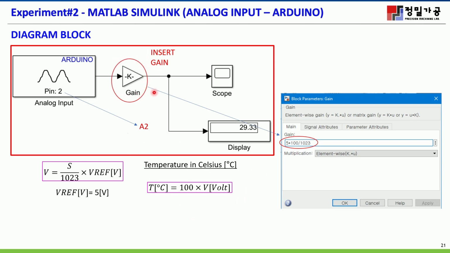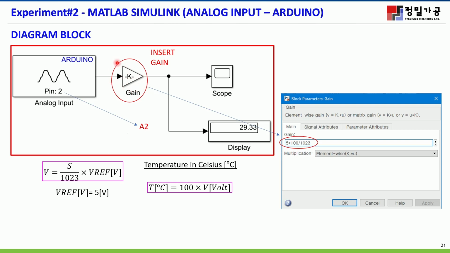And in the gain, of course, you have to multiply by 100. Just simply multiply by 100 and you will get the temperature in degrees centigrade. Very easy, it's not difficult.